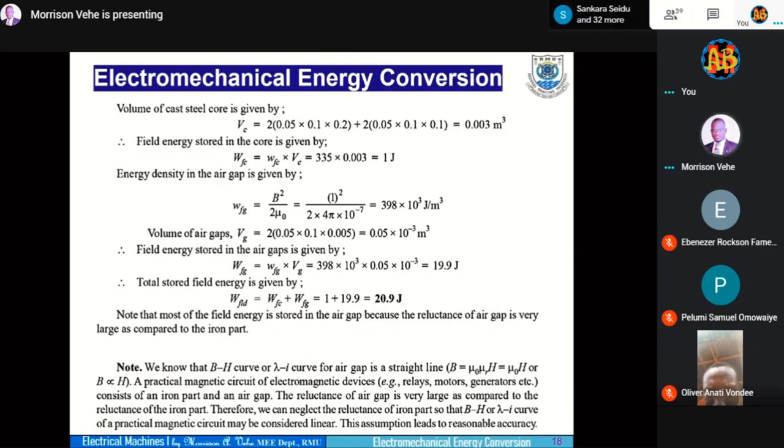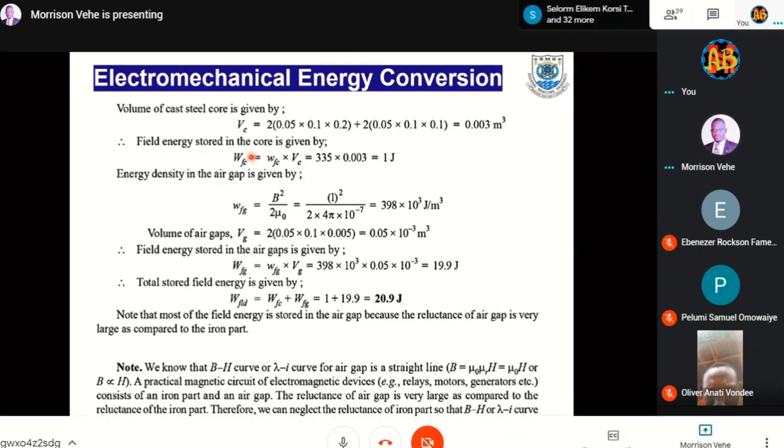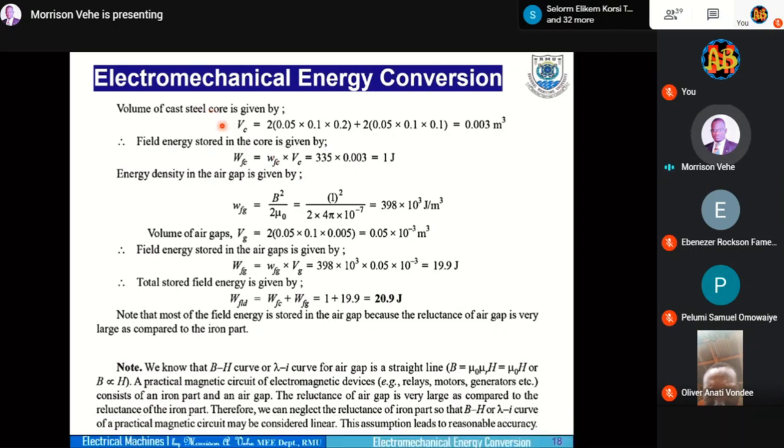Okay, so if we go back, that's the volume of the core, all right, which is basically looking at the dimension of the stuff that you are having. As far as the core is concerned, what is the volume of such a figure?